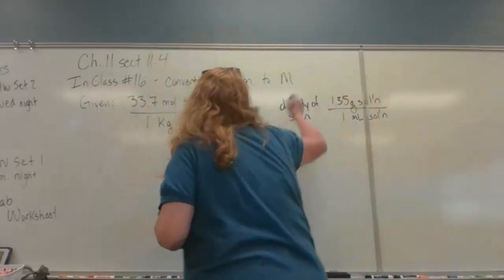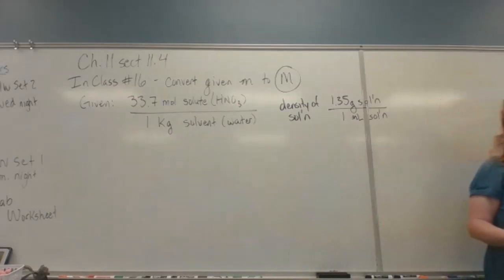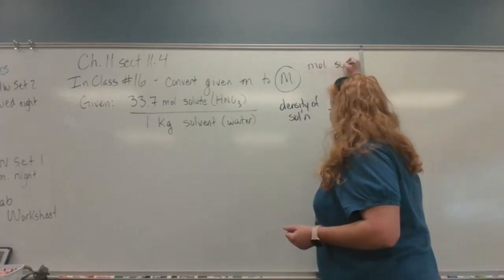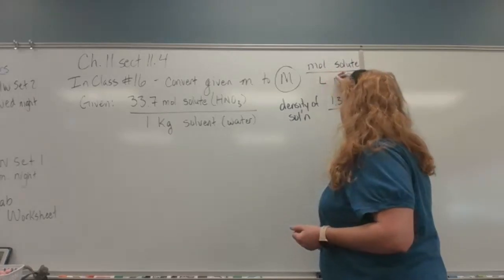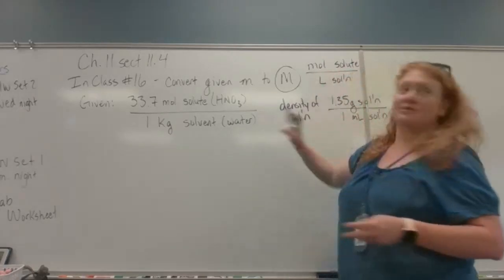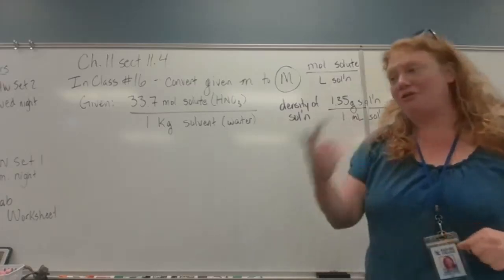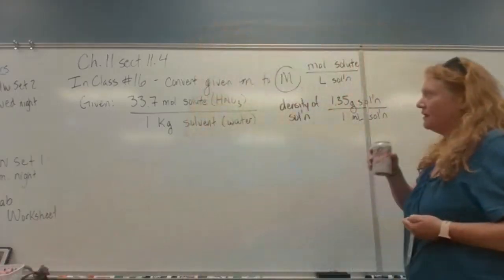Okay. What's the molarity? What units do I need to end up with in a fraction? Moles specifically of solute per liter of solution, not of solvent, but of solution. So you got to pay attention to the unit and the label of what we're trying to find here, all the parts.